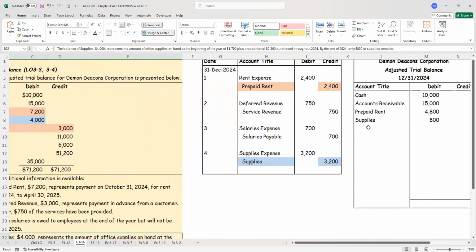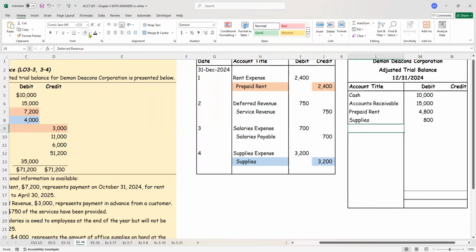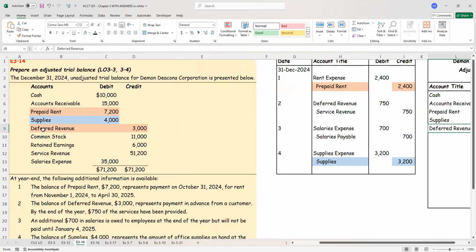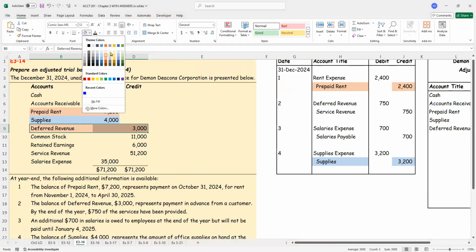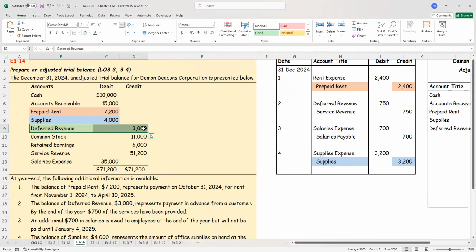Okay. The next item, account name you have here is deferred revenue. So let me bring that over here, deferred revenue. And let me put that in a different color again so we can follow through with it here. Deferred revenue was $3,000. What did I do over here to deferred revenues? Deferred revenues was debited.